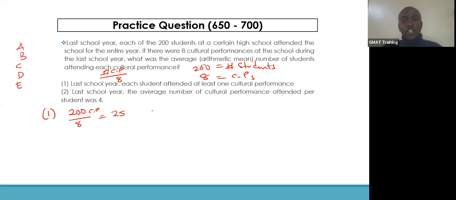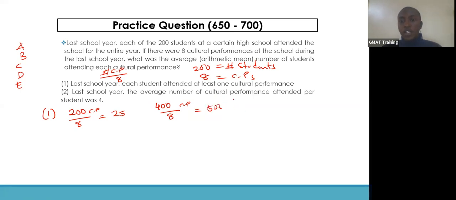So 25 students attended each cultural performance, right? If each student attended exactly 2 cultural performances, then there are 400 cultural performances that were attended all over the number of offered cultural performances, and that will be 200 divided by 4, that's 100 divided by 2, and that will be 50.